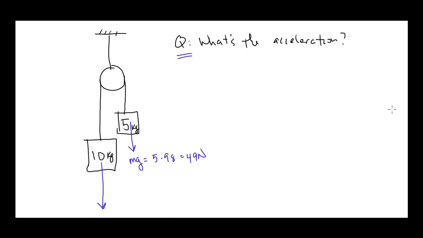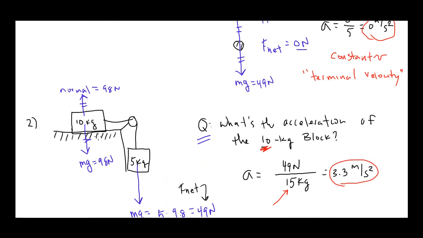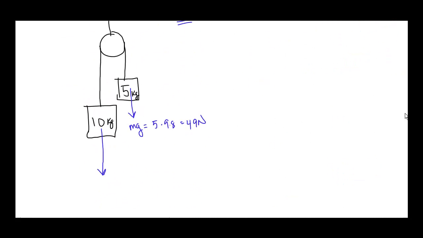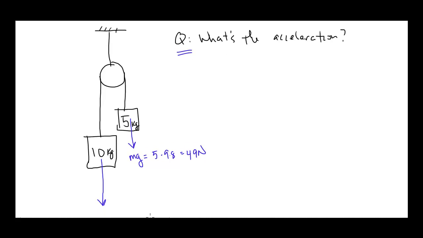In the previous problem, we ignored this 98 newton force because the block was on a table. It was supported. It was being held up. But now, that's not the case anymore. So this mg, 10 times 9.8 equals 98 newtons. That is no longer canceled out. This is now a relevant force.